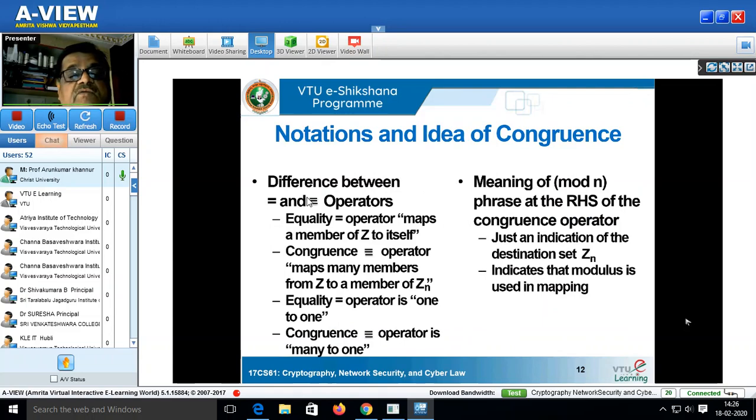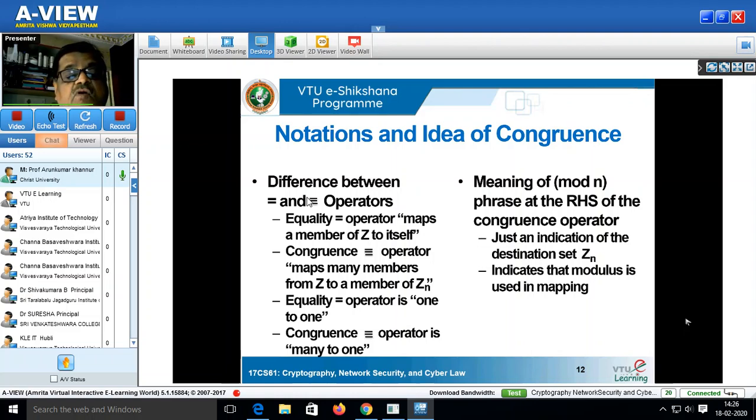Now to understand congruence, we have to be very clear about certain notations and ideas. First and foremost, we have to understand the difference between the equal to and congruence operators. Equal to has 2 strokes, whereas the congruence operator has 3 strokes. We have to look very carefully at these differences.